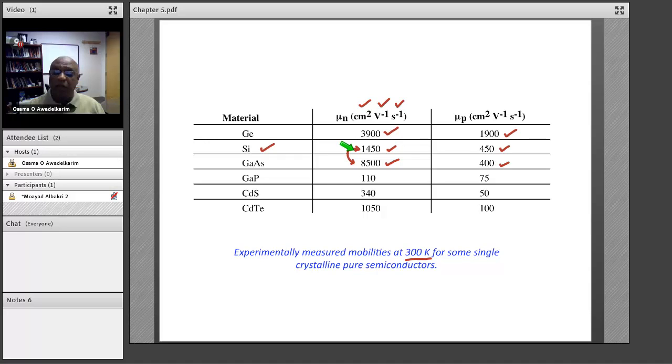Mobility means the ease with which electrons can move. Then that means electrons can move 8 times faster in gallium arsenide than in silicon. Then that means the response time for any signal, the response time for current to show up, is 8 times faster in gallium arsenide than in silicon.